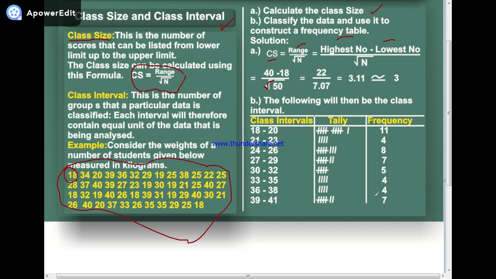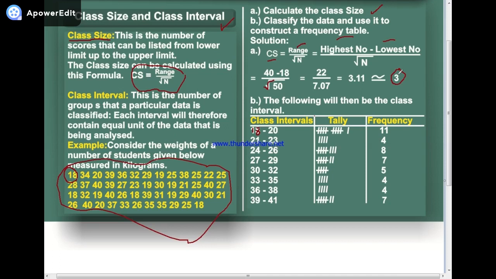If you want to do your class interval, this is what we are going to do. Since your class size is 3, you look at the lowest number in the data. Since the lowest number is 18, you start from 18 and count 3, including 18.